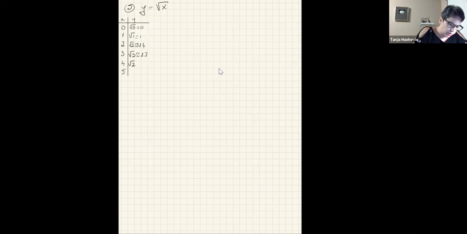The square root of 4 I know is equal to 2. And square root of 5 is approximately 2.3. And if you do one more, square root of 6 is approximately 2.4. So I'll try to plot these numbers.